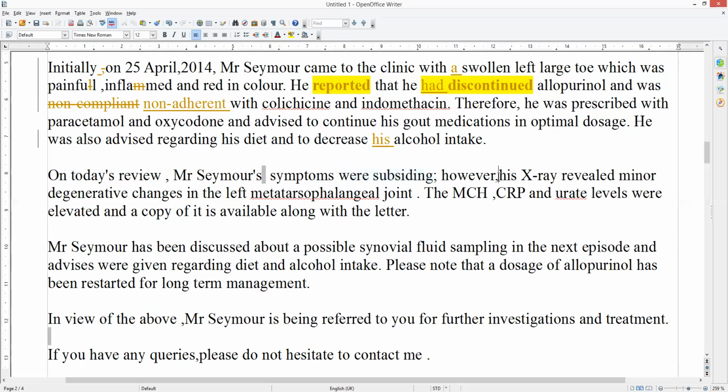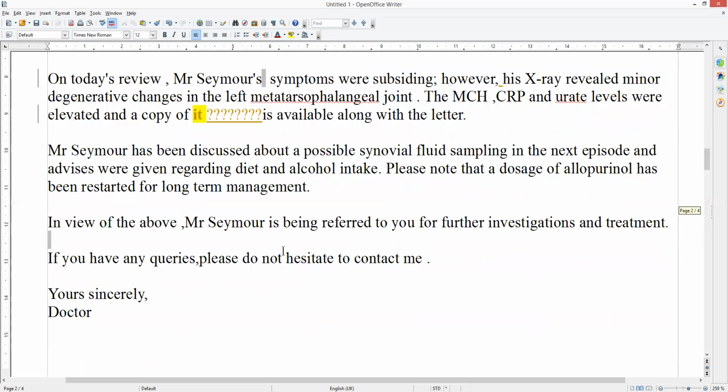However, his x-ray revealed minor degenerative changes in the left metatarsophalangeal joint. Available to cover it is available a copy of what? What is this it? Is that the x-ray? So the pronoun it, what does it refer to? Not clear in that sentence. Mr. Seymour has been discussed.